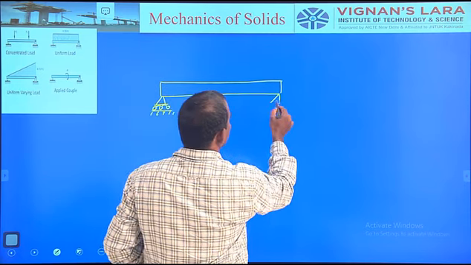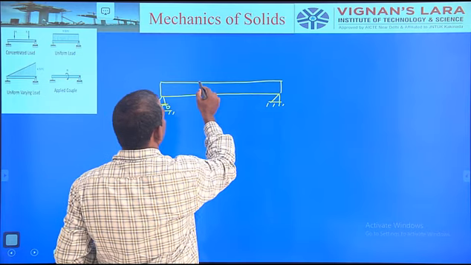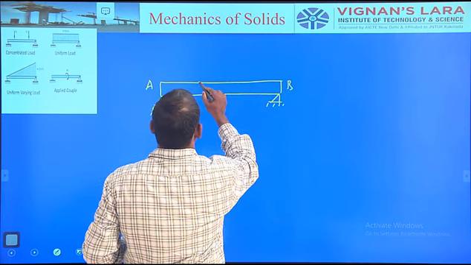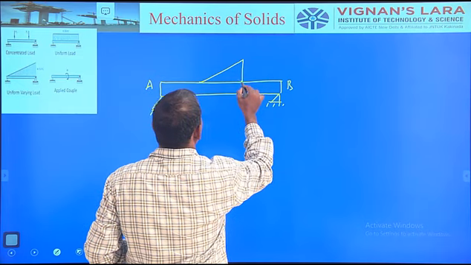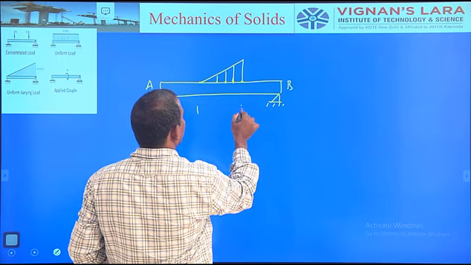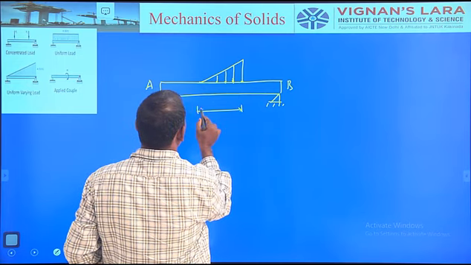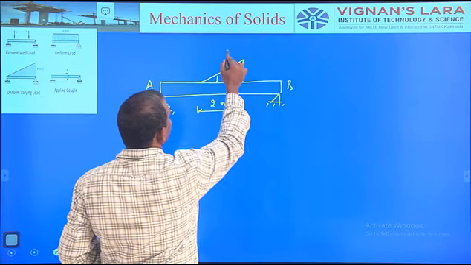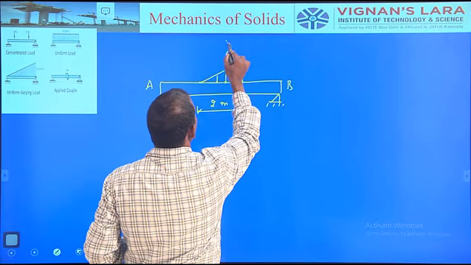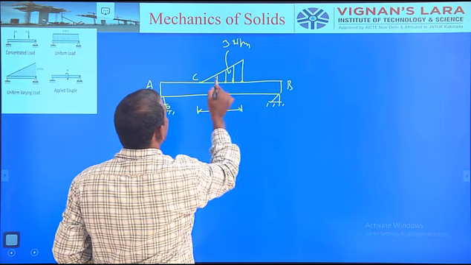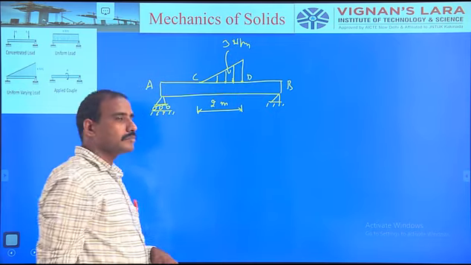The other end is with a hinge support, at ends A and B. So the load is distributed over a length, for example, 2 meters, at a rate of 3 newtons per meter. So this is the point C, this is the point D.